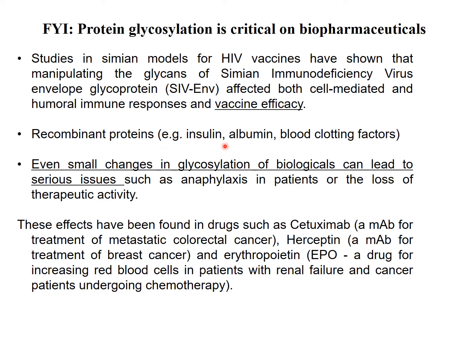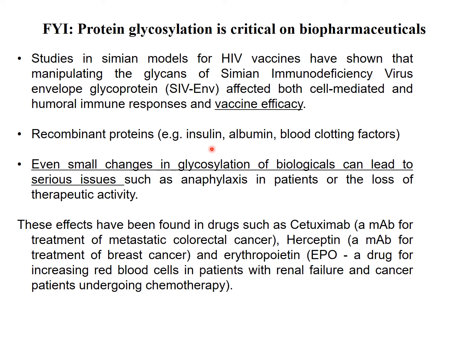Now, you also learn that we try to replace a lot of our proteins with recombinant proteins. So just a couple of them, insulin, albumin, blood clotting factors, are now available to give to your patients, not relying on blood transfusion from another patient, which always brings this danger with it that your own patient's body will recognize that particular foreign blood, not mentioning some infections that can be given through the blood transfusion.